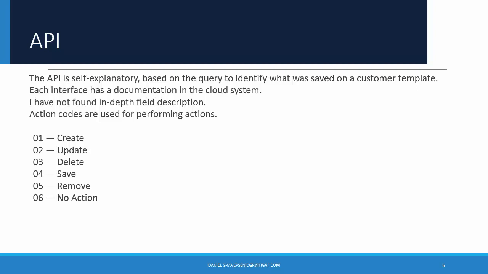There's some documentation on each interface, what it does at a high level, but it doesn't go all the way down to the field level and describe what you want to have done if you want to deal with this or that. There are also some different objects that you can deal with, and on all of these objects you have these 6 operations, and normally I'm just using 04, which is just saving the data and updating it.